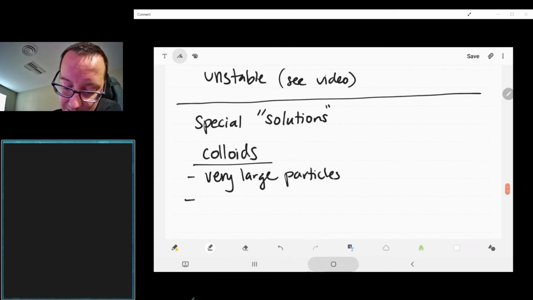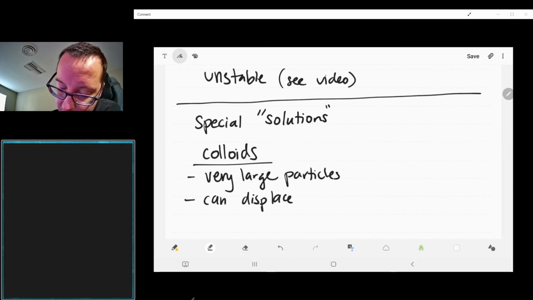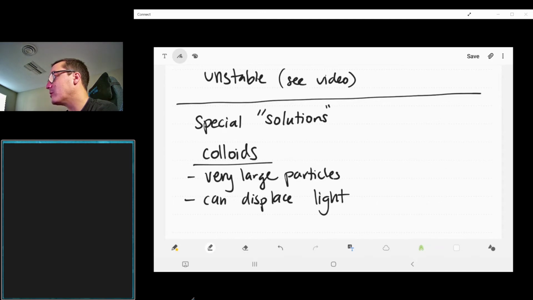As a result of these particles, they can displace light. And that's going to be their hallmark feature, that colloids will reflect light out. If you shine a beam of light through a solution, it just passes through no problem. However, if you pass a beam of light through a colloid, which I will try and find the video of, you'll actually be able to see the beam of light as it goes through.